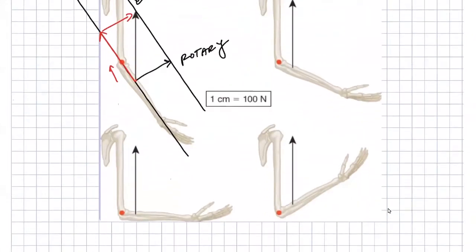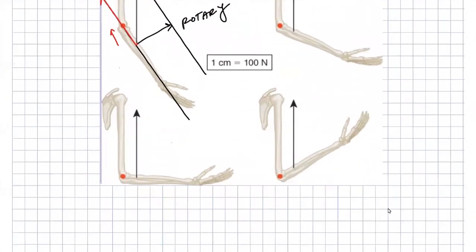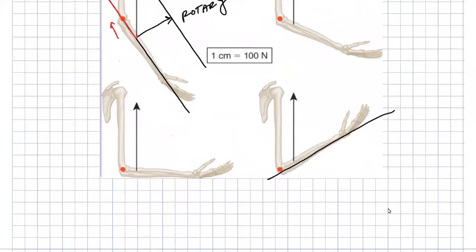Now let's take a look at this example here. Same thing. I'm going to use a different color. Hold on a sec. There we go. I'll draw here, as well as here. And then I'm going to draw the rotary component of the biceps muscle.